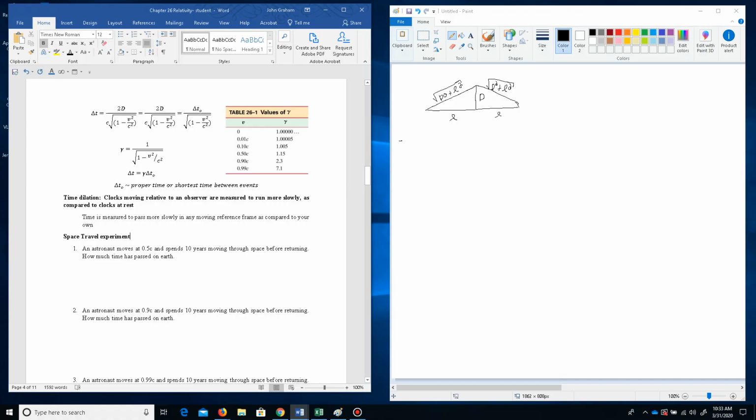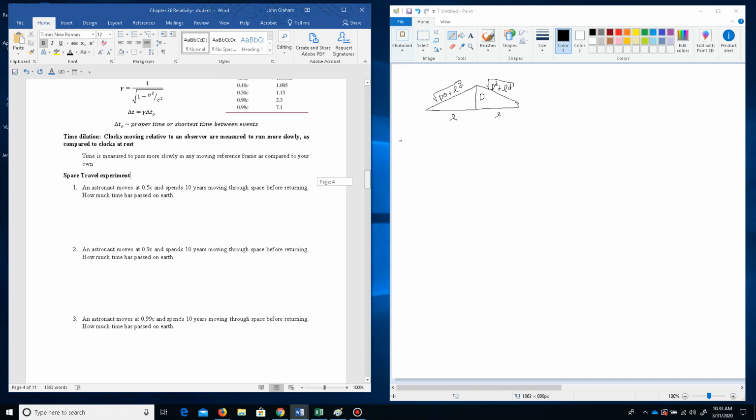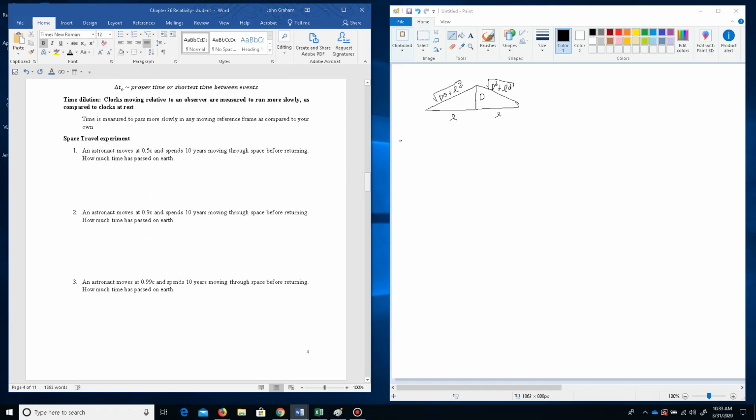We actually see this in particle physics. We'll start talking about the muon, and they're able to measure it by speeding up the muon so it's closer to the speed of light. That way it starts to stay longer and take longer to decay because it decays really fast. I'll mention it again when I get to particle physics.